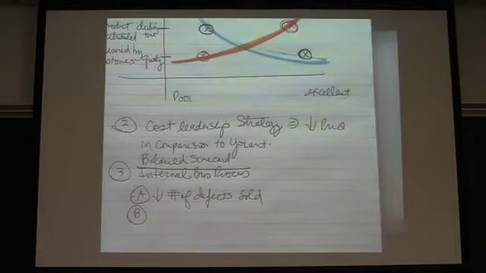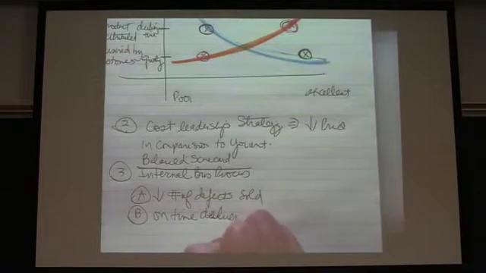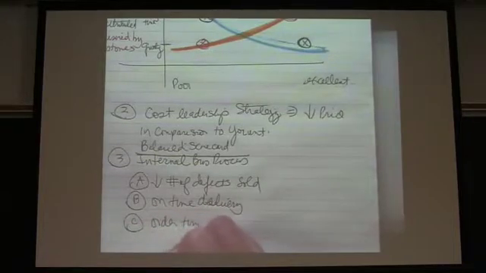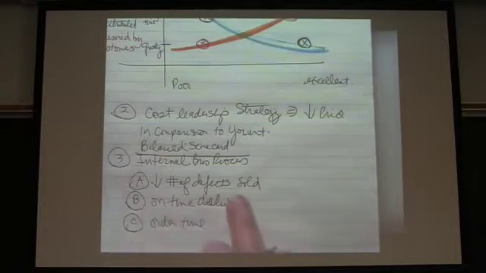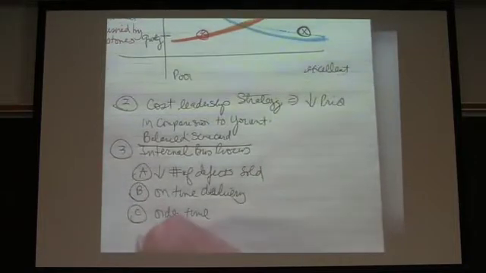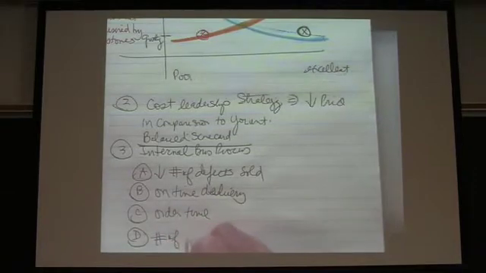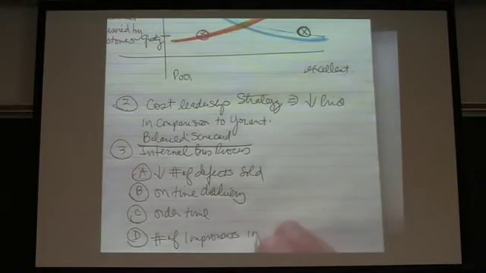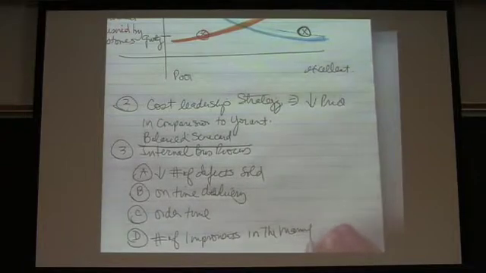Now, we also want on-time delivery on our balanced scorecard, because this is one of our defining features, isn't it? C, we want to know the order time. So not only do we want to make sure that we deliver on time, we also want to cut down the order time. And D, for internal business process, we wanted a number of improvements in the manufacturing process.